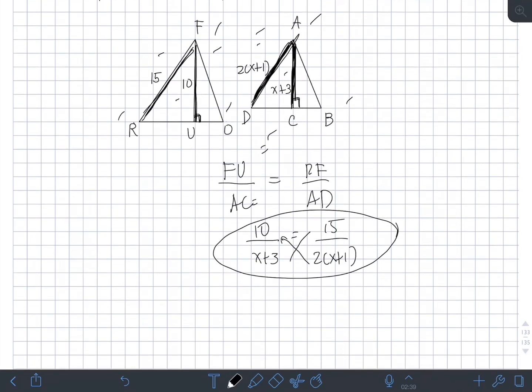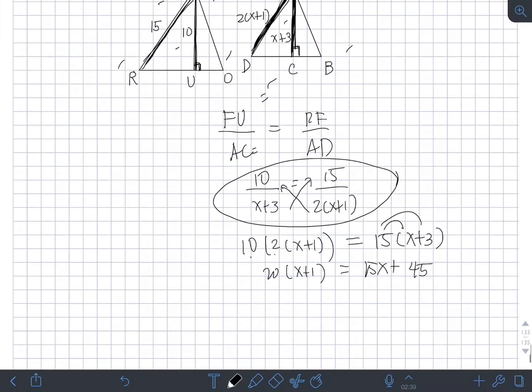So, cross-multiply ulit. So, we have 10 times 2 times x plus 1 is equal to 15 times x plus 3. So, 10 times 2 is 20 times x plus 1 is equal to, distribute ko na itong 15, 15x plus 45. So, distribute ko itong 20, 20x plus 20 equals 15x plus 45.